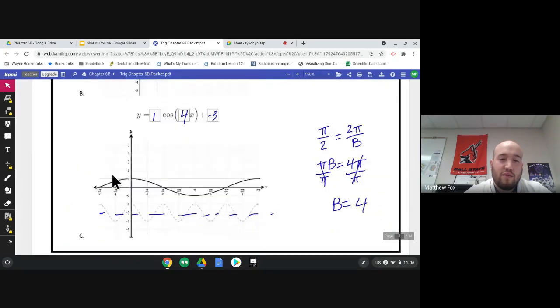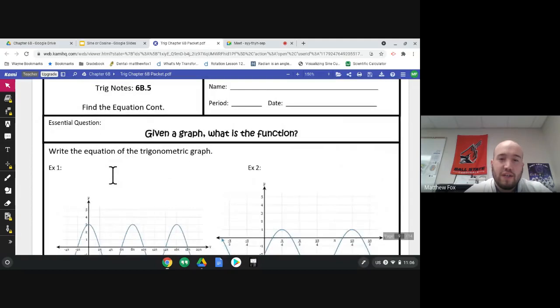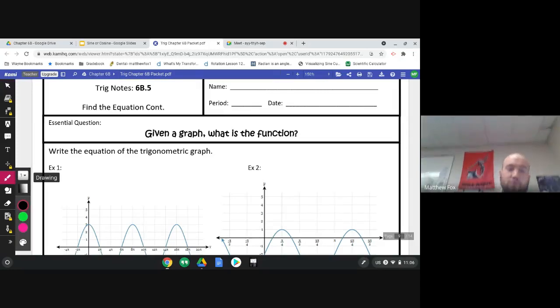Because there are no phase shifts, we need to ask ourselves whether it is sine or cosine. It's up to you whether you write this down.